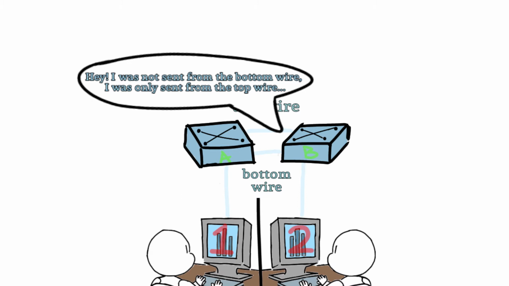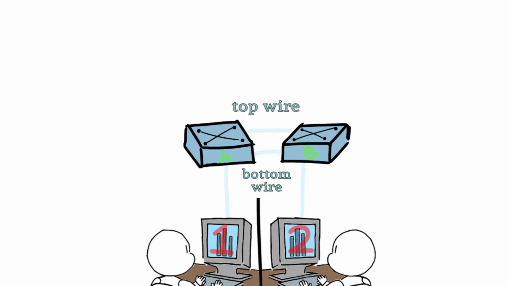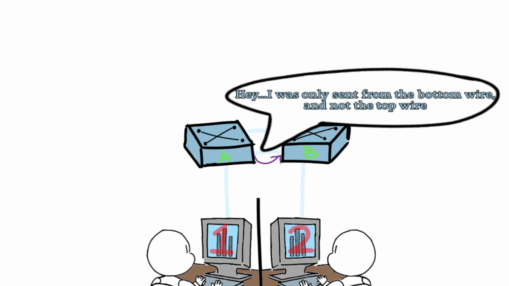So switch A will send the message back through the bottom wire, back to switch B. And then we will also have the bottom wire's message saying, hey, I was only sent from the bottom wire and not the top wire.